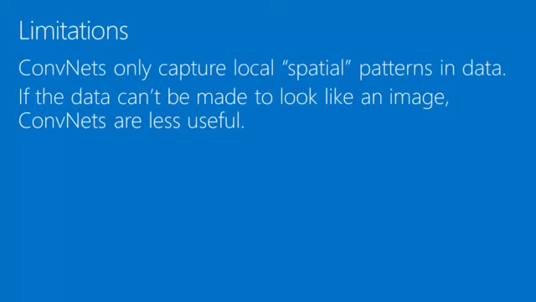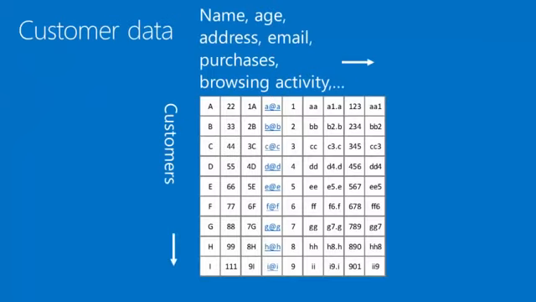Now, the other side of this limitation of convolutional neural networks is that they're really designed to capture local spatial patterns. Spatial in the sense that things that are next to each other matter quite a bit. So if the data can't be made to look like an image, then they're not as useful. An example of this is customer data.